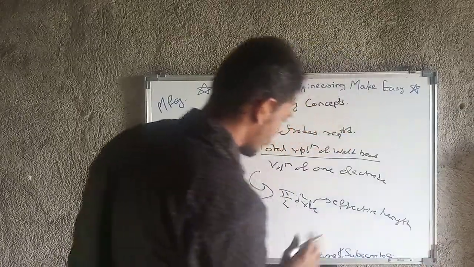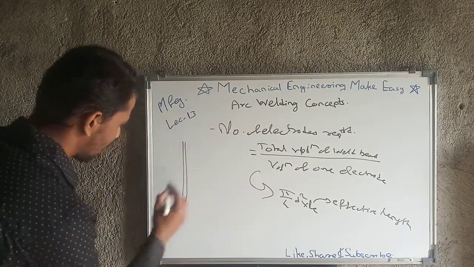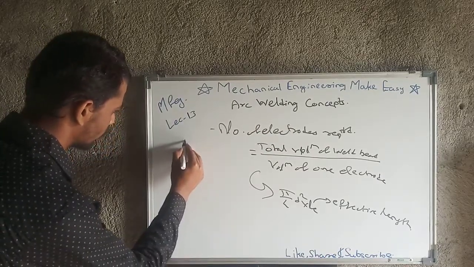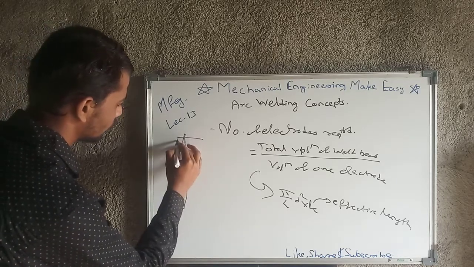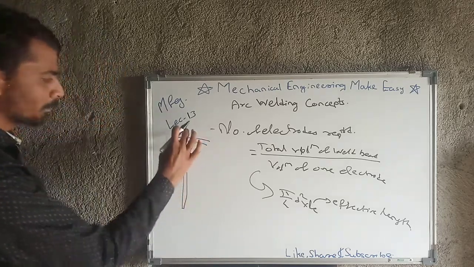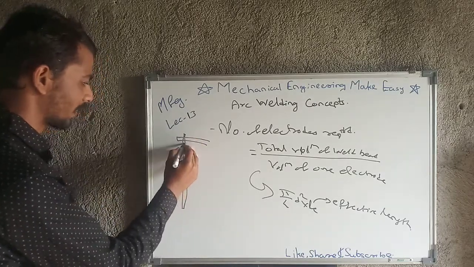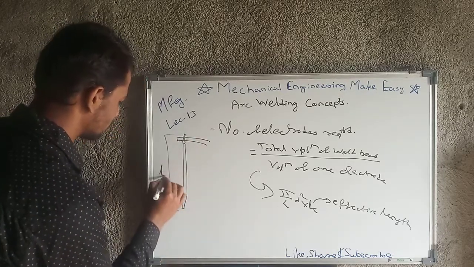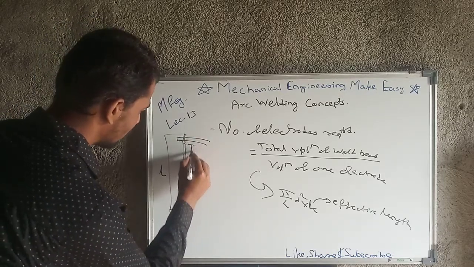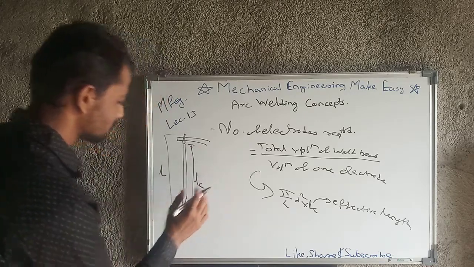And what is effective length? The electrode is there, and that electrode will have some part for gripping into the holder, some part will rest here, that part will not be used. So this is the total length, capital L, and the length which is useful is Le, the effective length.